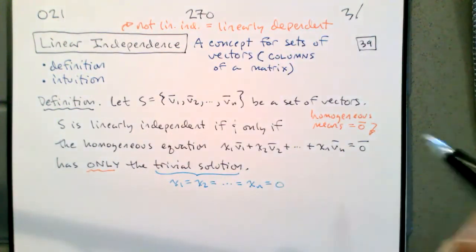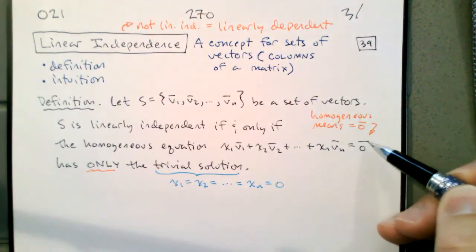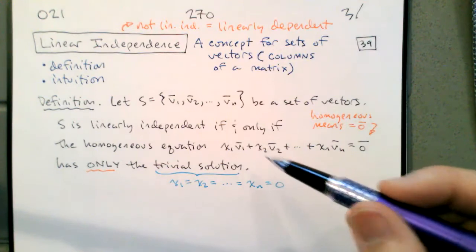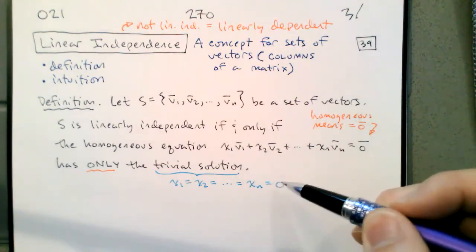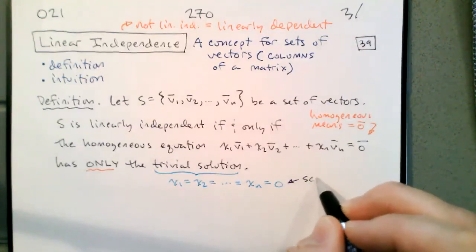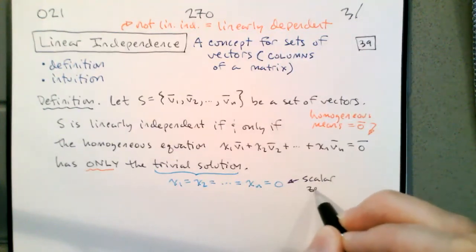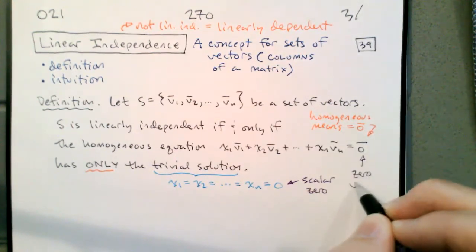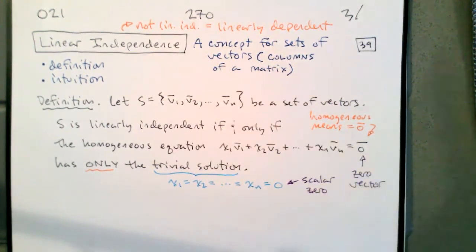Small detail: notice that this 0 is the 0 vector and that this 0 is the 0 scalar, because x1, x2, and xn are all scalars. Little details.